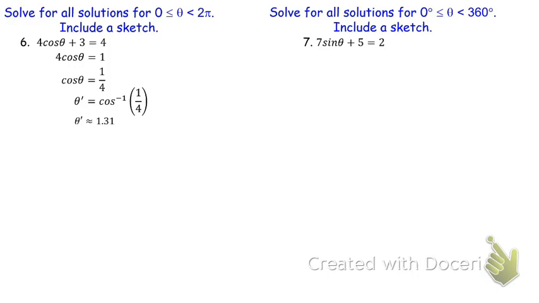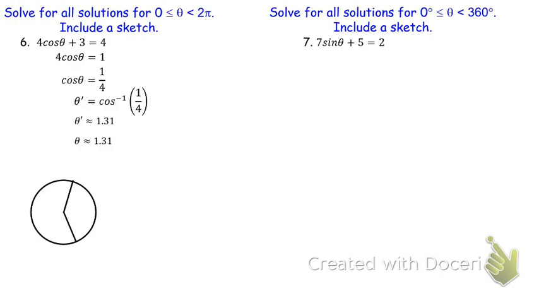Now this reference angle, I'm going to now use it to find my actual angles of revolution. Now I said that cosine can be positive in 2 places, quadrants 1 and 4. If we're in quadrant 1, then theta is theta prime in that quadrant. So the 1.31 radians is one of the solutions. Now the other solution is in quadrant 4. In quadrant 4, we're short of 2 pi. And the amount we're short is that theta prime, or in this case 1.31 radians.